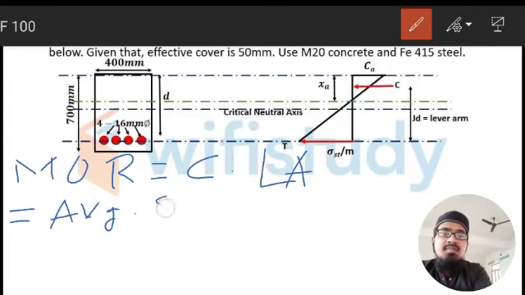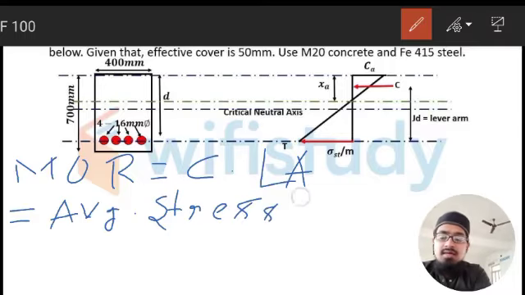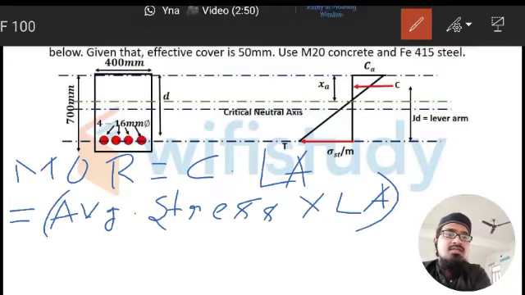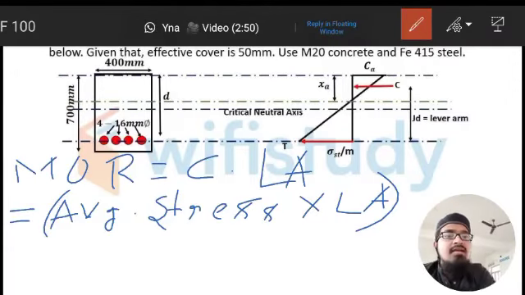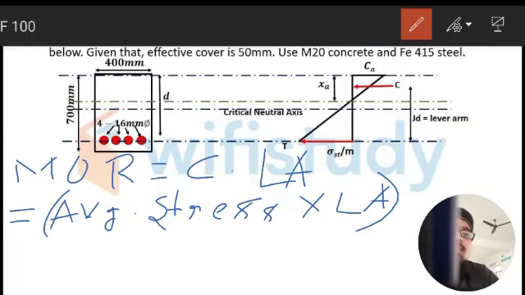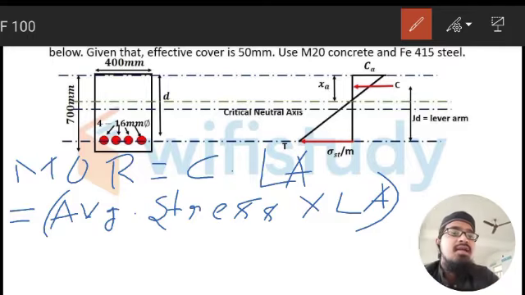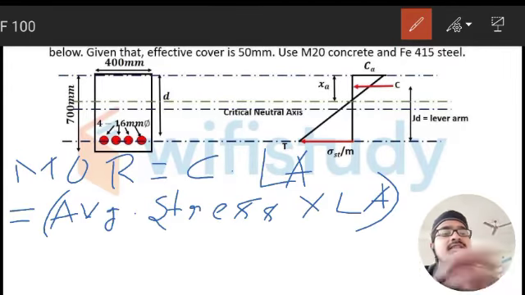Average stress into area under stress. This is the formula for calculating compressive force. And when the compressive force is multiplied with the lever arm, it gives the moment of resistance of the section that is given to us.